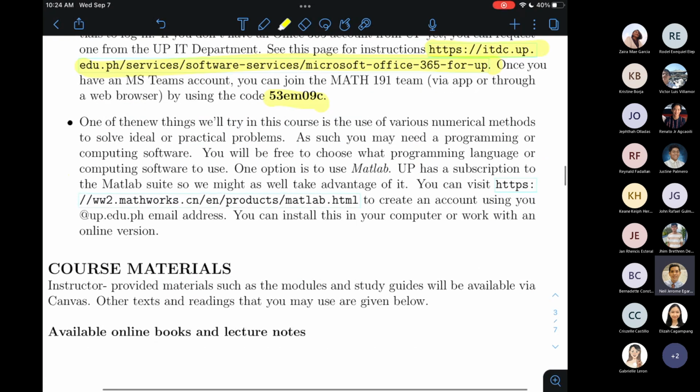Tapos, isa sa gagawin ko this sem na medyo kakaiba dun sa ibang pag-handle ng course, I'll try to incorporate computational tools or computer programs para mag-solve ng ODEs. Kasi sayang, nandiyan na yung technology. Bakit hindi natin gagamitin?